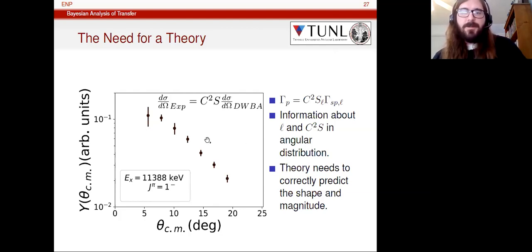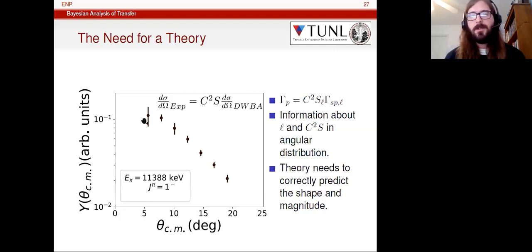But once we have this theory, we can calculate the spectroscopic factor from the ratio of the two cross sections. If this theory is able to successfully describe the shape of this angular distribution, that will tell us about the transferred L value. And then additionally, as you can see here on the y-axis, our data isn't established to an absolute scale. So we need the theory to also establish an absolute scale in this case.